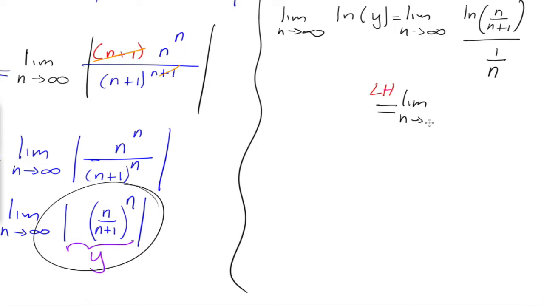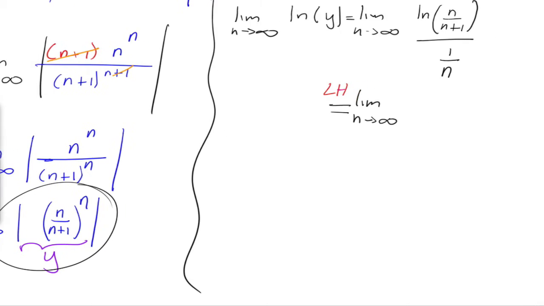All right, so this is the limit as n goes to infinity. I have the derivative of the top, which is 1 over n plus 1, which is n plus 1 over n, times the quotient rule with n over n plus 1.